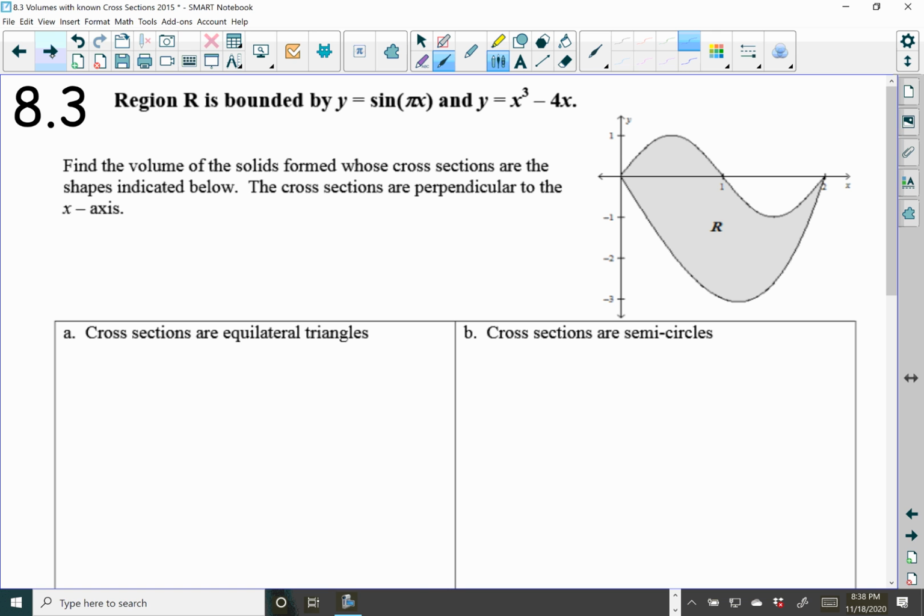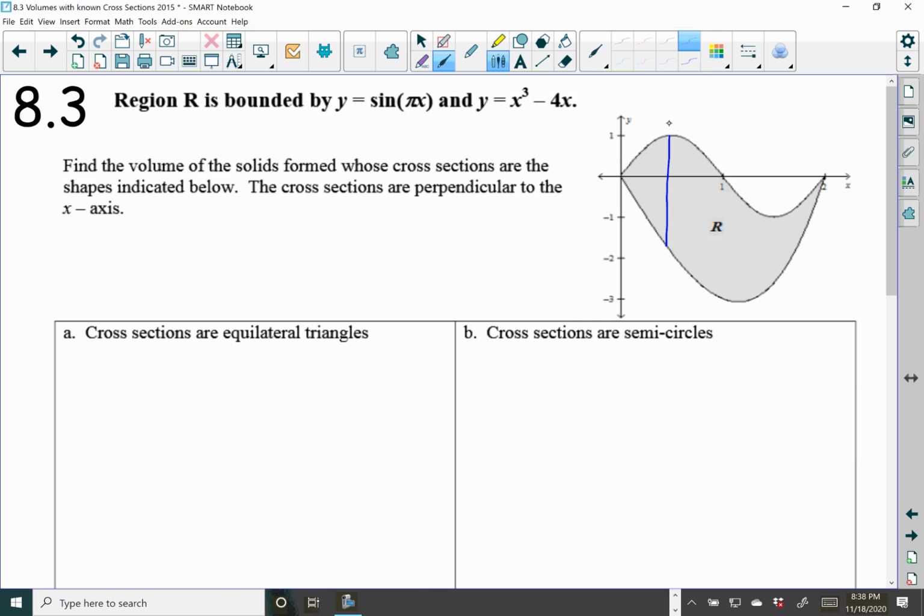And then I think we go into this problem with, I've seen this shape so many times. Find the volume of the solids formed when the cross sections are shapes indicated below. The cross sections are perpendicular to the x-axis. So that means that they're going to be running this direction, which then I'm going to take top function.